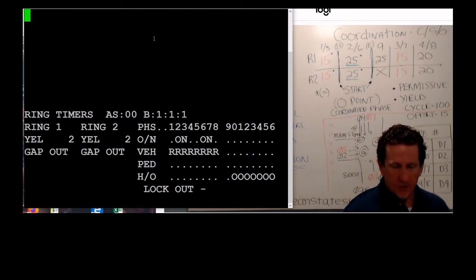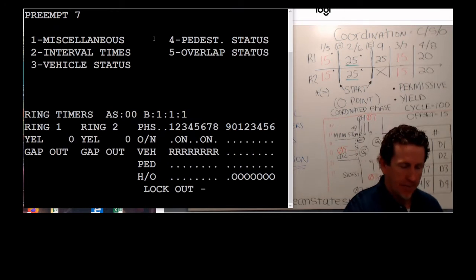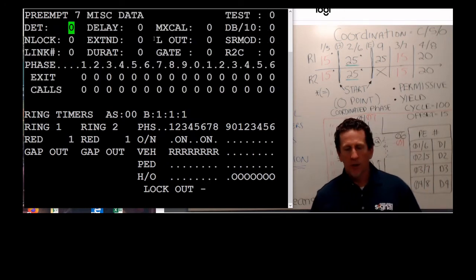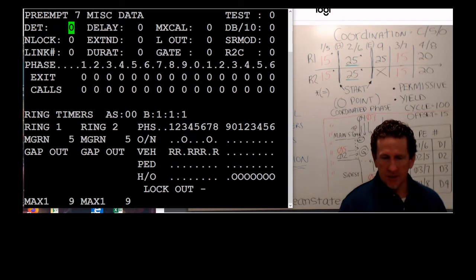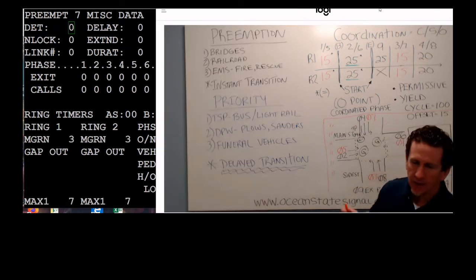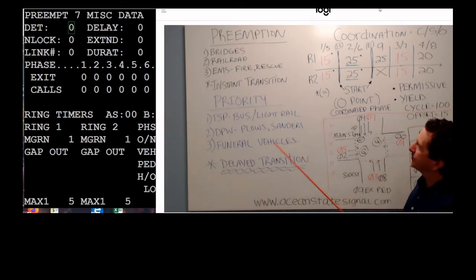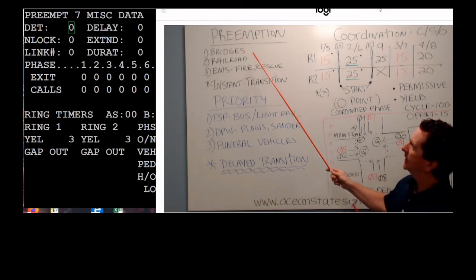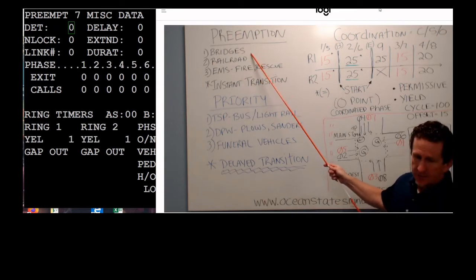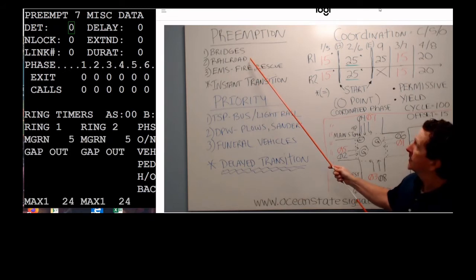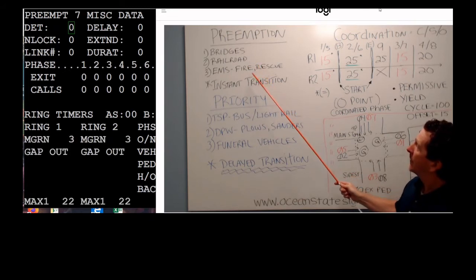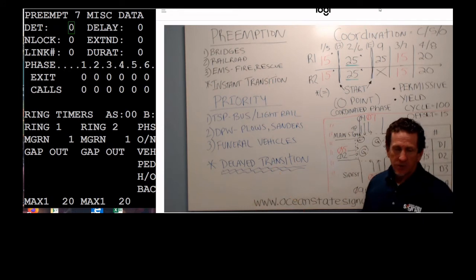Now, if for some reason we have to use preamp 7, the sequence would probably be like this. Let's say I had a bridge crossing, that would be preamp 1, and then maybe there was a railroad, that's preamp 2, and then a firehouse.